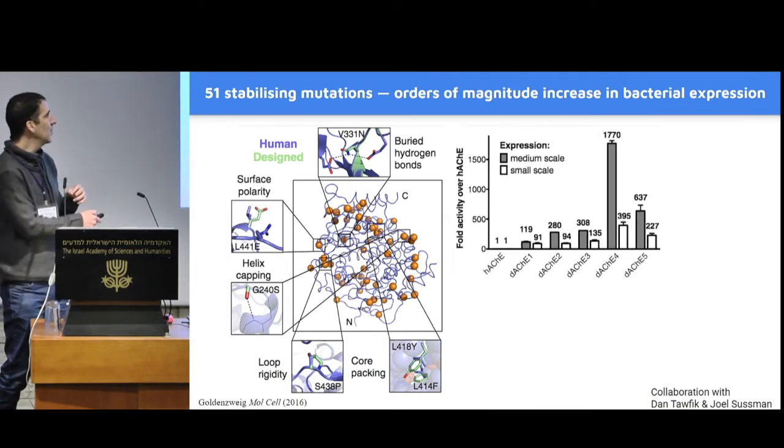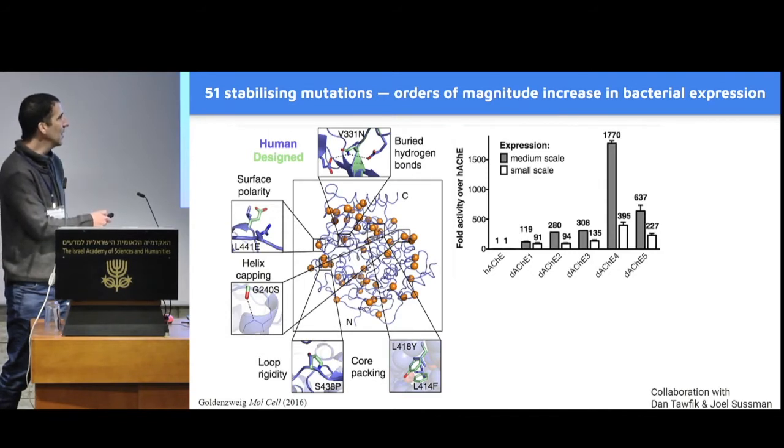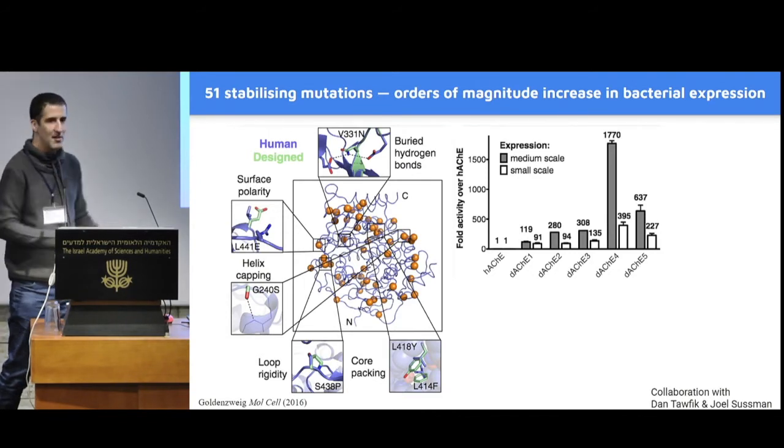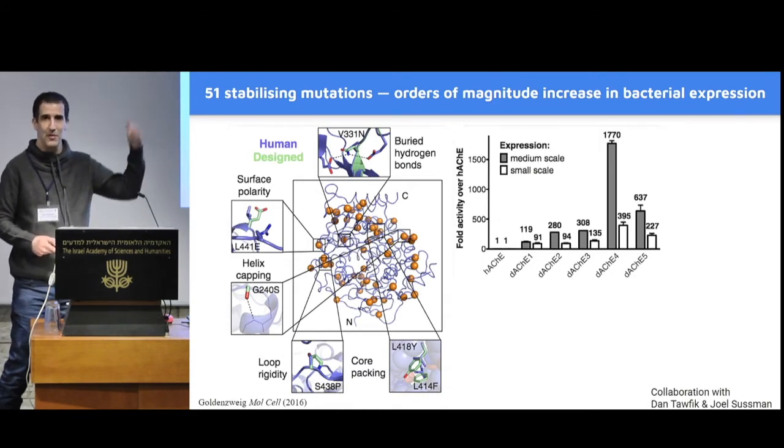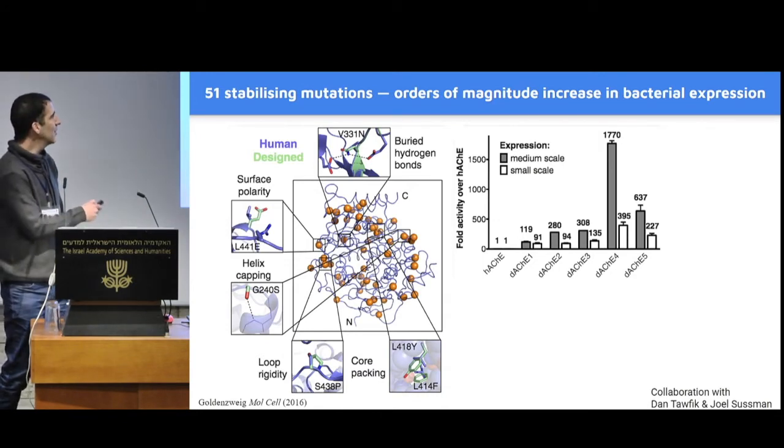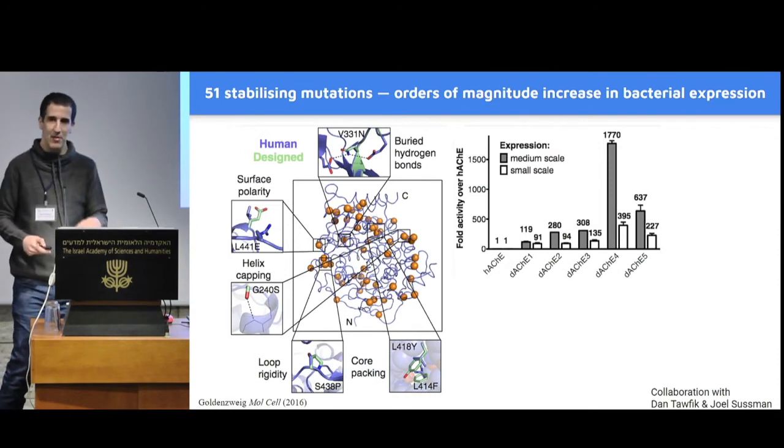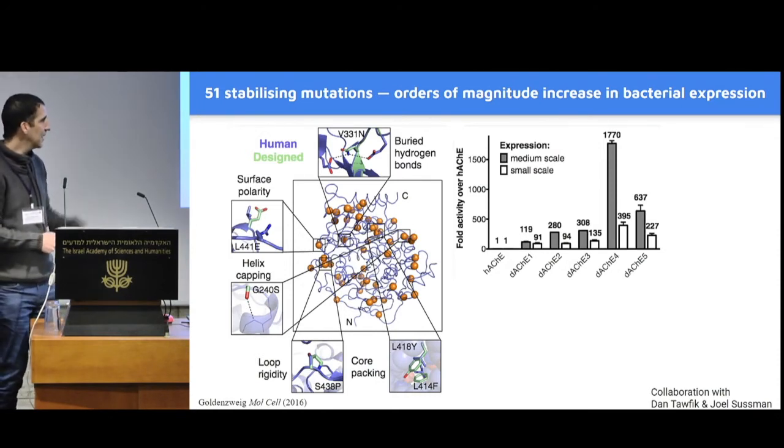For instance, this is the bacterial expression level of human acetylcholinesterase in bacteria. You can see that it's basically nothing. The 5 designs express to more than 100-fold higher levels, with the one shown here with 51 mutations expressing to nearly 2,000-fold higher levels than the human enzyme in standard bacterial cells.